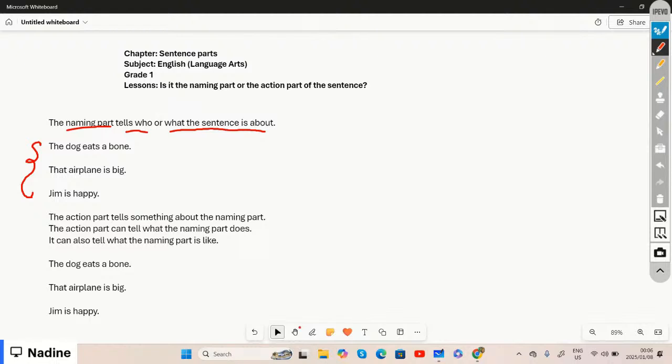If we were to identify the naming part within that sentence, that tells us who or what is doing something, we would say the dog. So the dog is the naming part within that sentence.